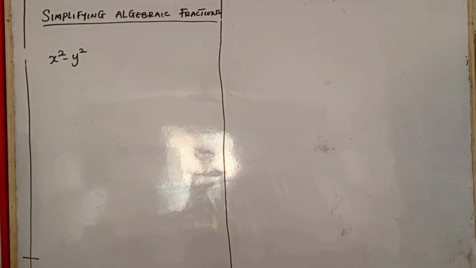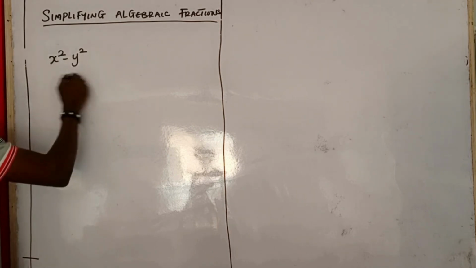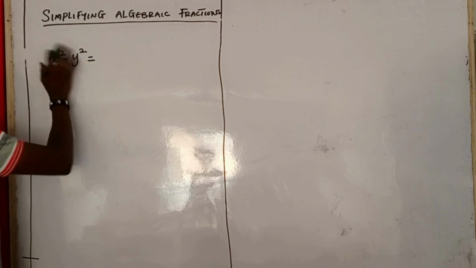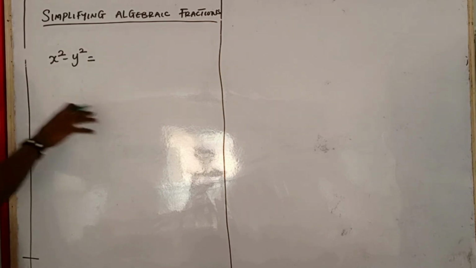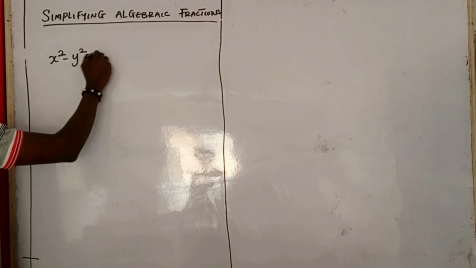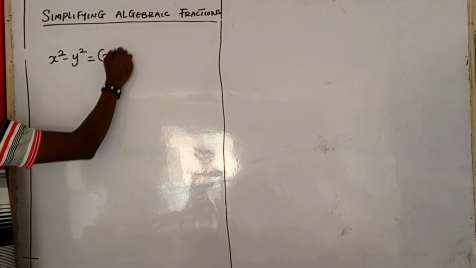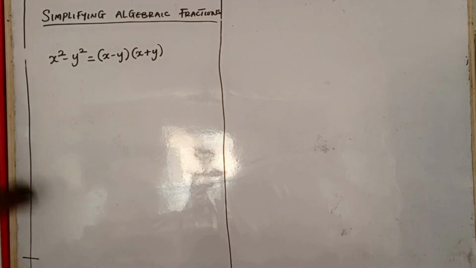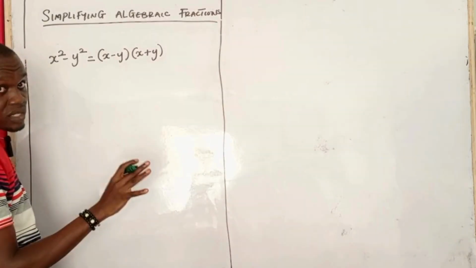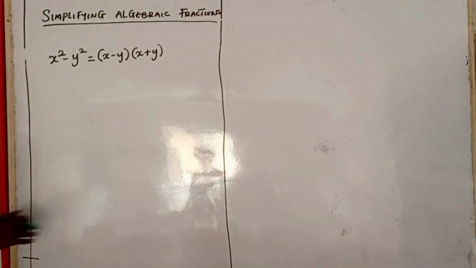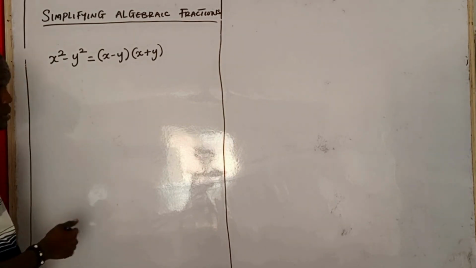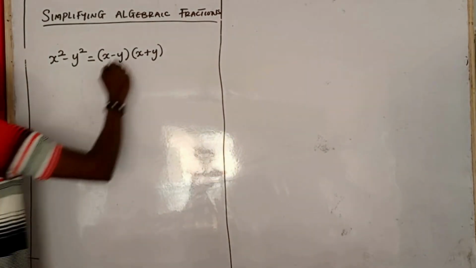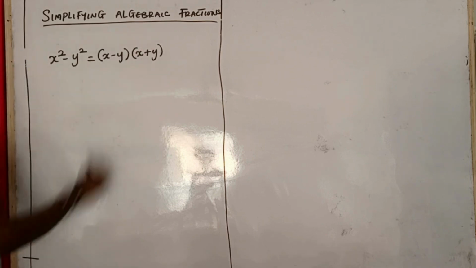So anytime you come across an expression like this, what you're supposed to do is that this can be simplified into two brackets: in the first bracket you are going to have x minus y, and in the second bracket you are going to have x plus y. This is a rule of what we call difference of two squares. So this one has to do with difference of two squares.